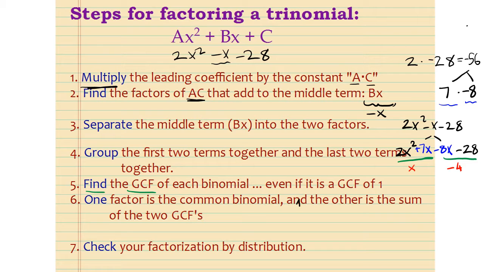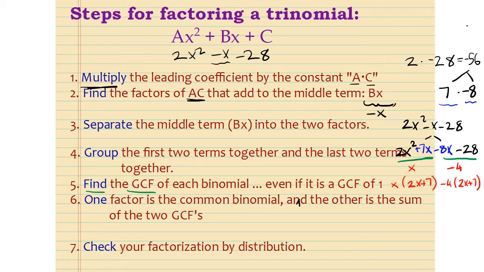If we do our factoring in each group, I will get x quantity 2x plus 7. On the second group, we will have negative 4 quantity 2x plus 7.